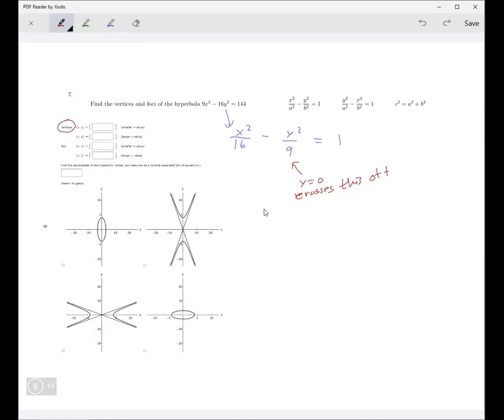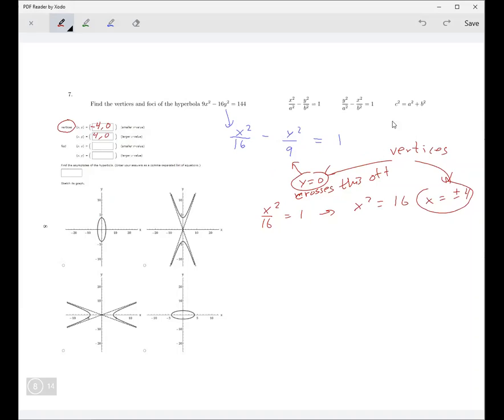And then we're left with x squared over 16 equals 1, which is x squared is 16, or x is plus or minus 4. And so this and this give you the vertices. The smaller value would be -4, so -4, 0, and then 4, 0.